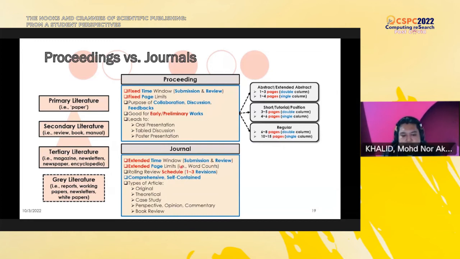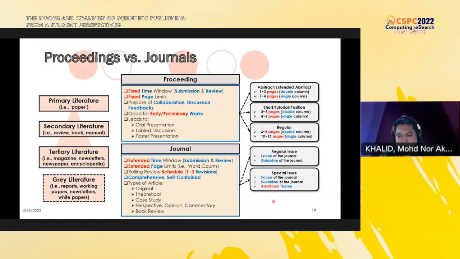But journals have an extended time window, meaning they have extended page limits as well. It can involve 1 to 3 revisions, and it is very comprehensive and self-contained. So that's why usually you need to focus on one type of contribution. If you have more than one contribution, then you should do another journal. Don't waste one paper to publish multiple contributions. Journal articles can be original, theoretical, case study, perspective, opinion, commentary, book review, and so on.